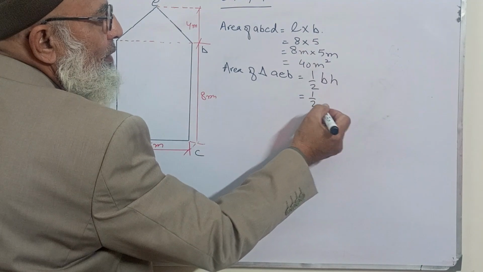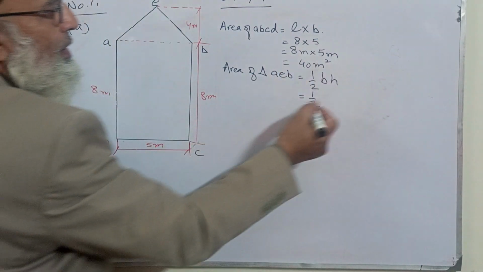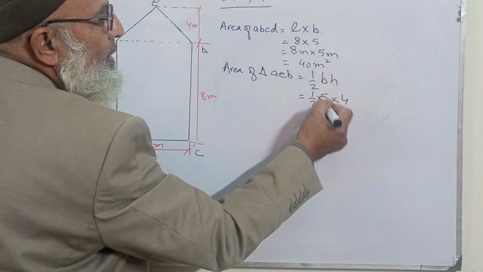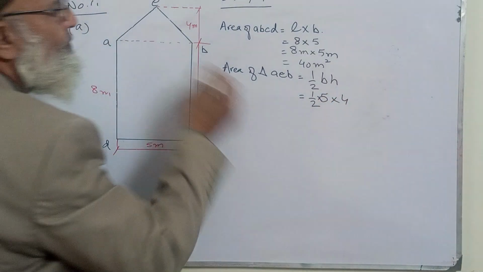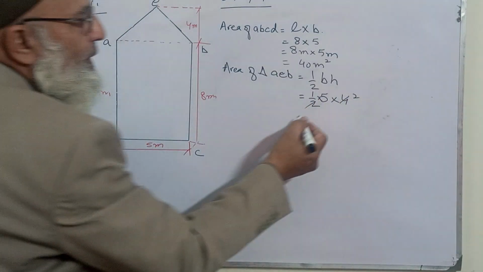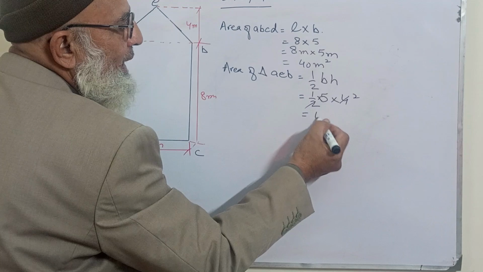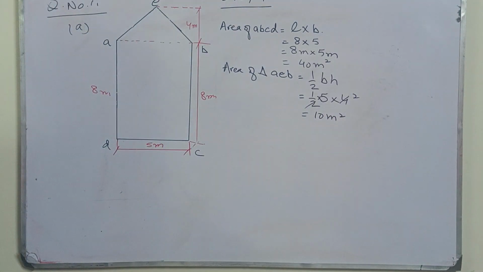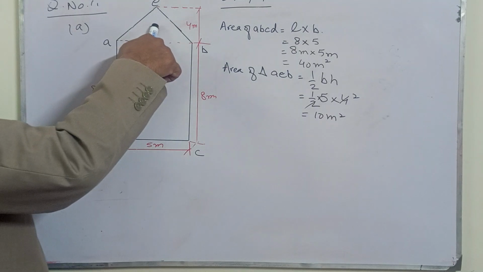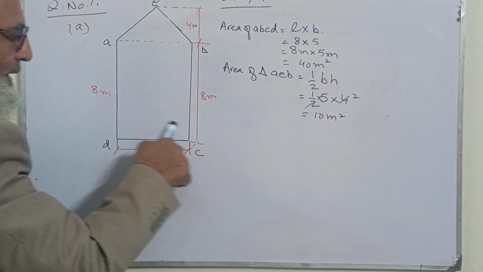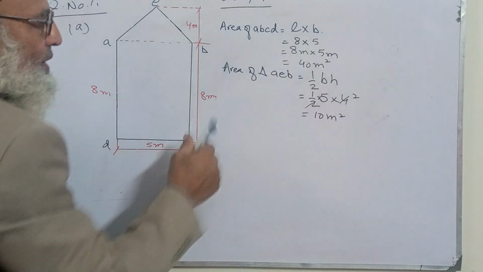It is half, base is again 5, and height is given 4. So 2 times 4 becomes 10 meter square. The area of this triangle is 10 meter square, and this rectangle is 40 meter square.